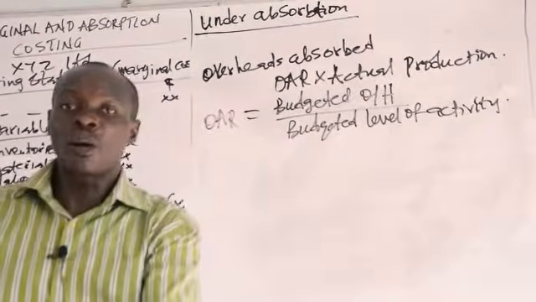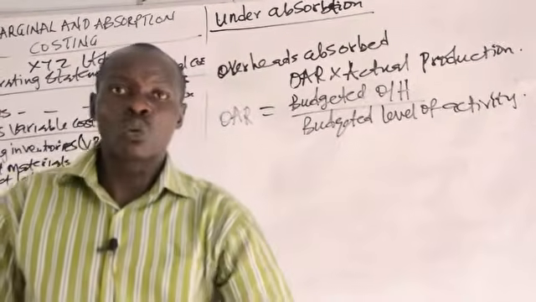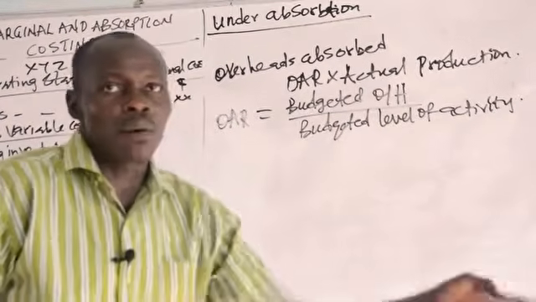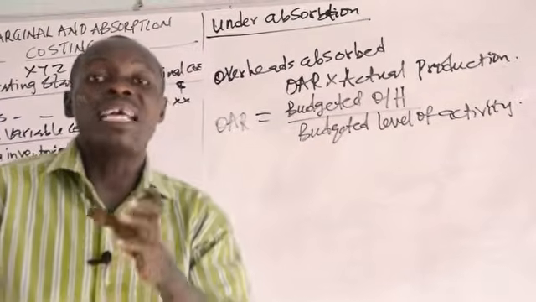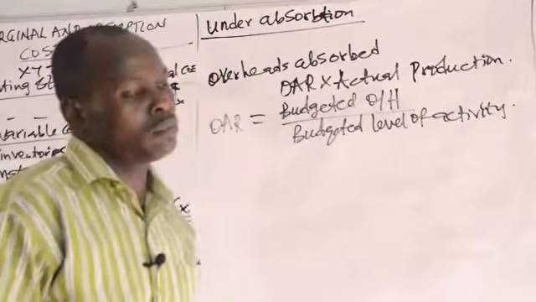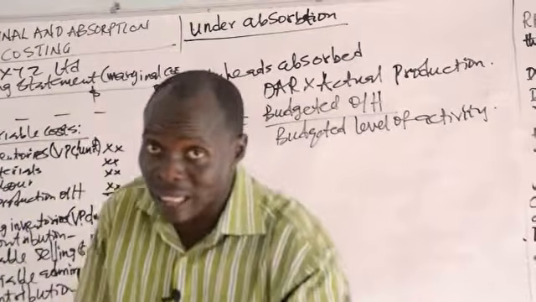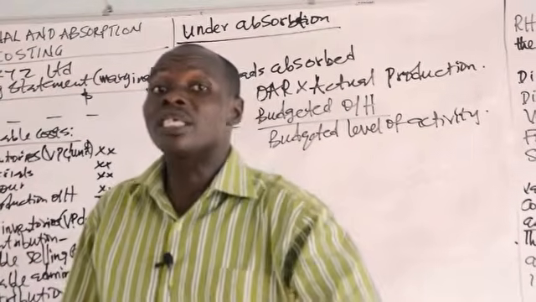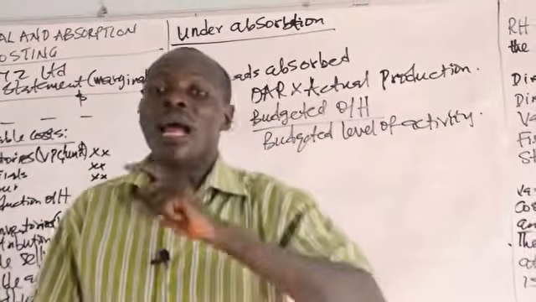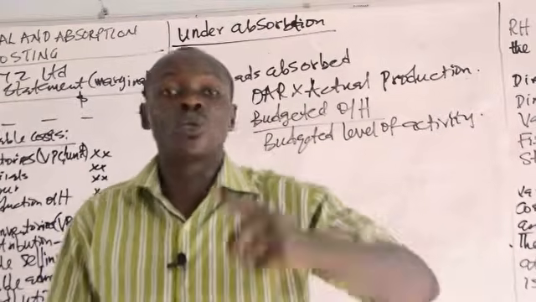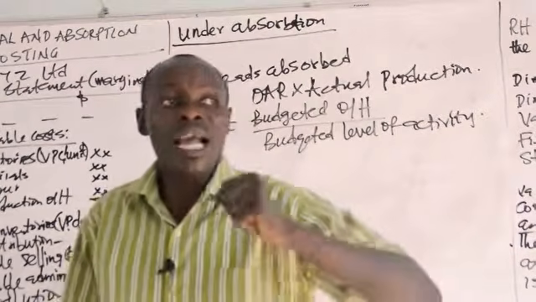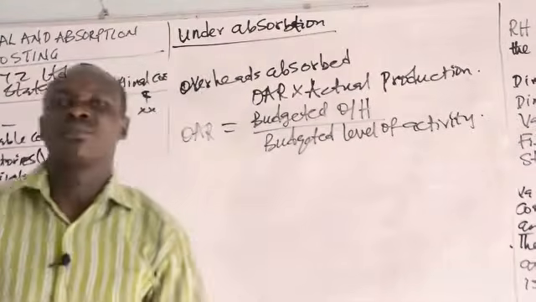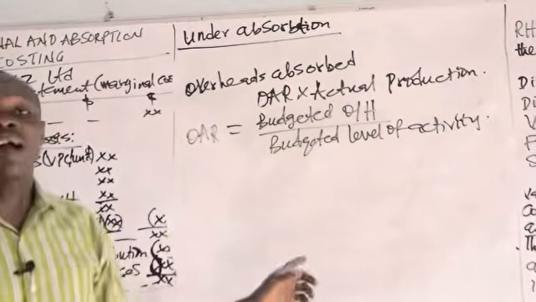By overhead absorption rate, we mean the rate at which the overheads will be charged to the product, or the rate at which overheads are chargeable to the products. The rate you can use to charge your overheads to the product. The rate at which overheads will be recovered. That is the overhead recovery rate.